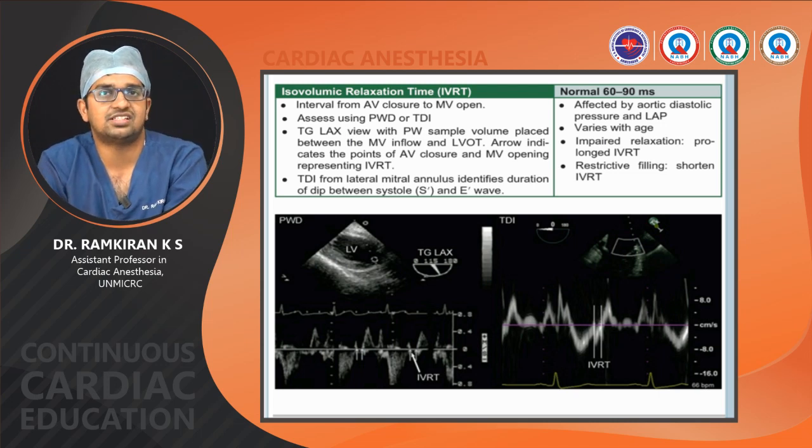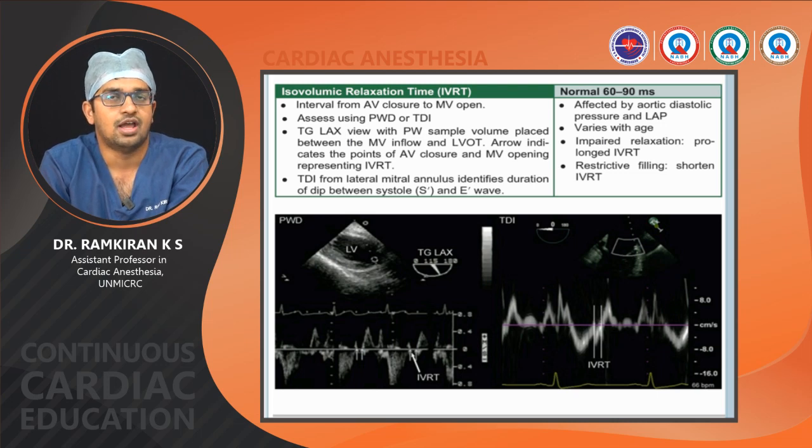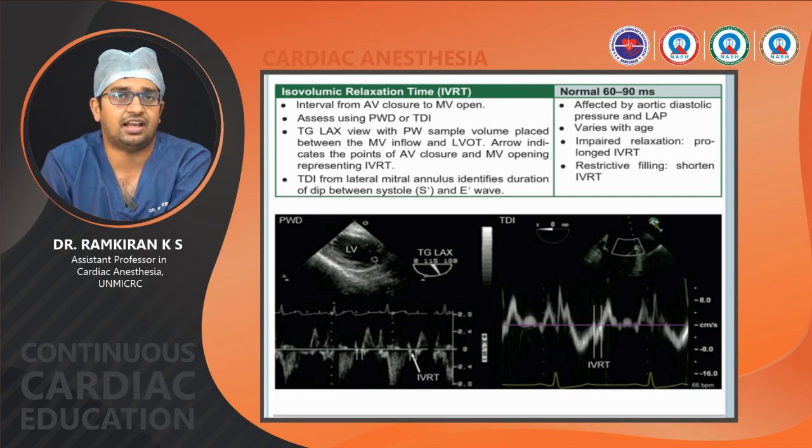In the initial phases of impaired relaxation it is prolonged, but as the grade increases and restrictive filling occurs, there is a shortening of isovolumetric relaxation time. As you can see, the figure on the left shows that the isovolumetric relaxation time is between the E wave and the closure of the aortic valve, whereas the tissue Doppler image on the right shows that it is between the S wave and E prime.